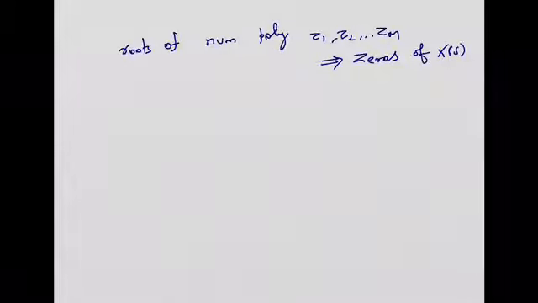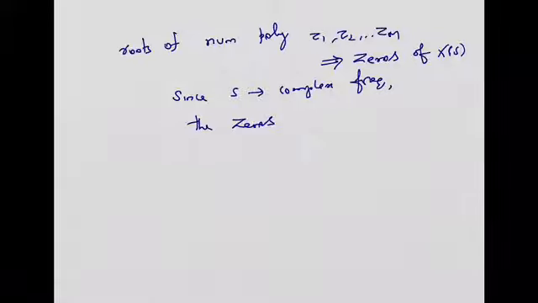Since s is a complex frequency, zeros can be defined as the values of the complex frequencies at which the signal becomes zero. You know that s is a complex frequency, so what do those zeros represent?